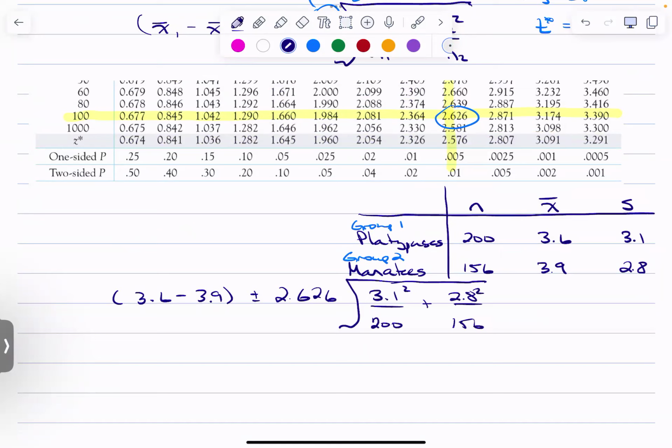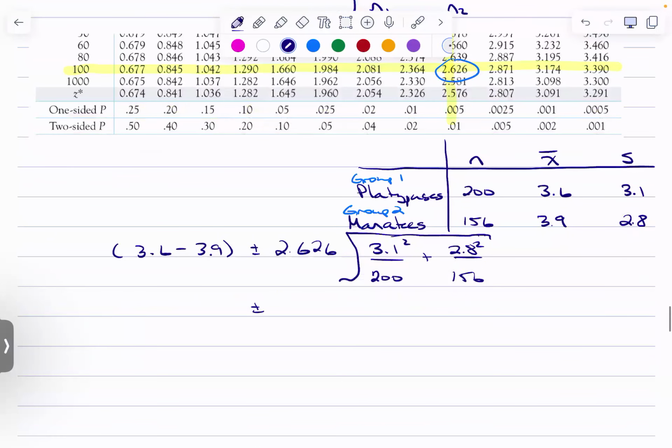Here we go. Square root that times 2.626.